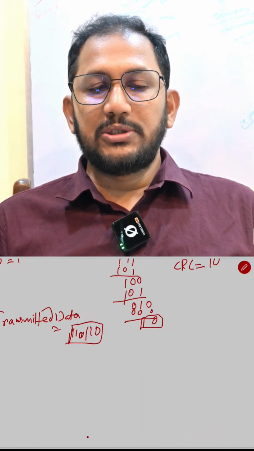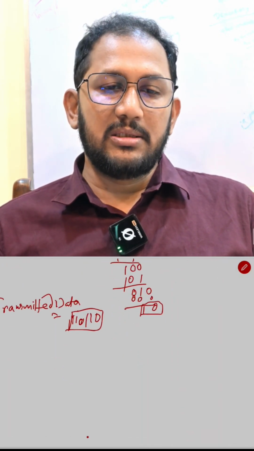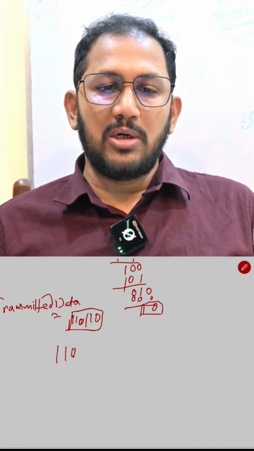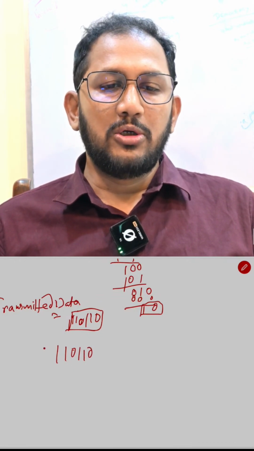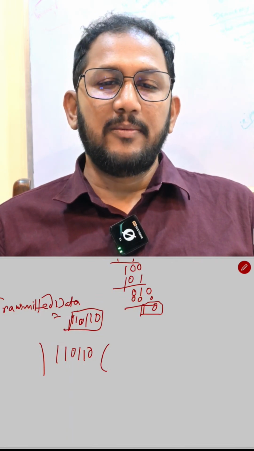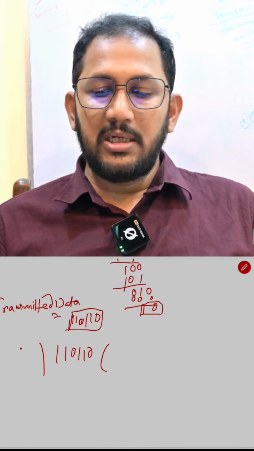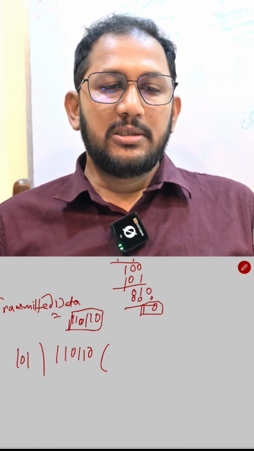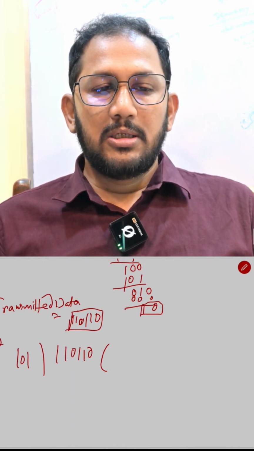Now if we want to check this transmitted data, at the receiver, if it is received the same as transmitted, 110110, we need to divide again by the divisor 101 at the receiver.